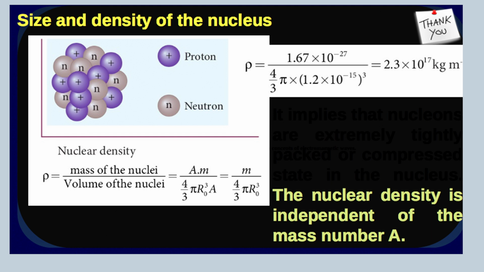It is also considered that this size r actually depends on the mass number A. So, R is proportional to A to the power 1/3.